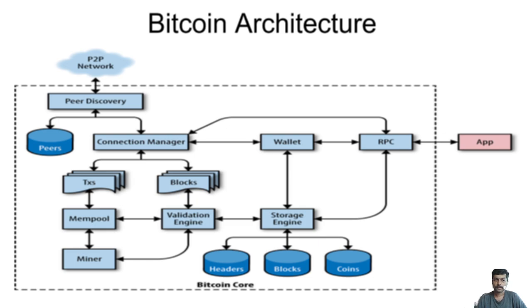Bitcoin follows the proof of work consensus, and in this diagram you can see the overview of Bitcoin architecture, which is from the Bitcoin Core repository in GitHub. Most blockchains have these components, like peer discovery, which is for the P2P network discovery, the RPC, which is meant for the decentralized apps to access, and the wallets, which access the storage engine, and also the connection manager module, which communicates very well with the mempool and validators.